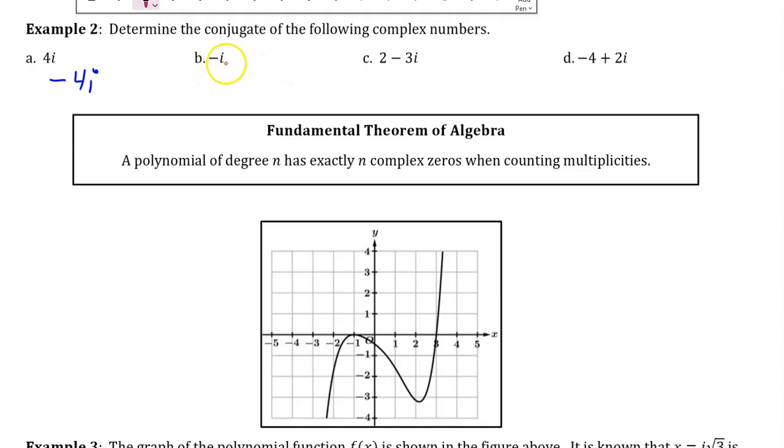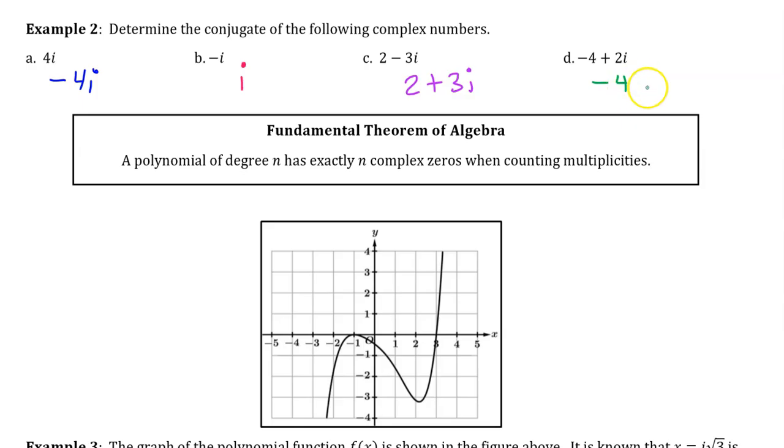Okay, this is like 0 minus i, so 0 plus i would be the conjugate, and I'm just going to put i. 2 minus 3i, the conjugate is 2 plus 3i. Alright, notice we only changed the imaginary part. So -4 plus 2i gives us a conjugate of -4 minus 2i. The real part doesn't change.